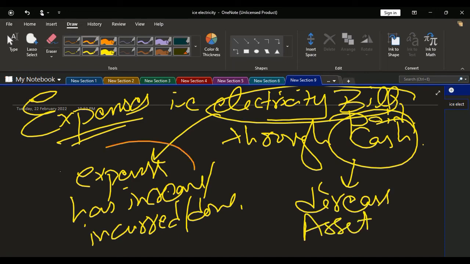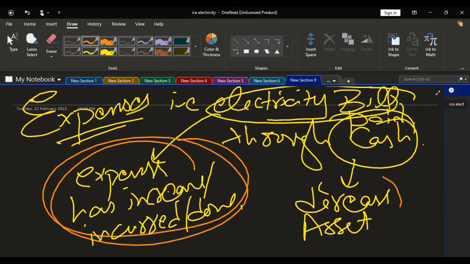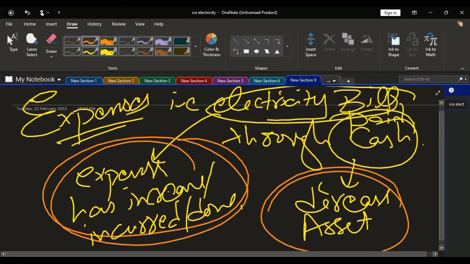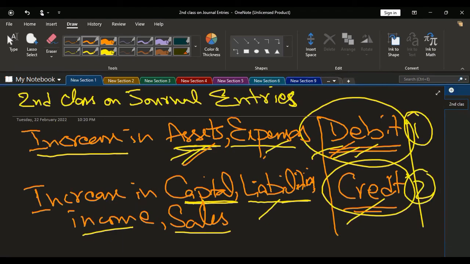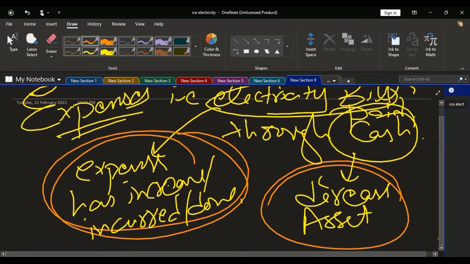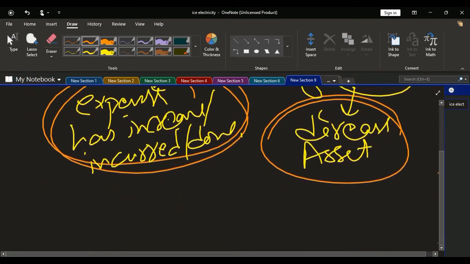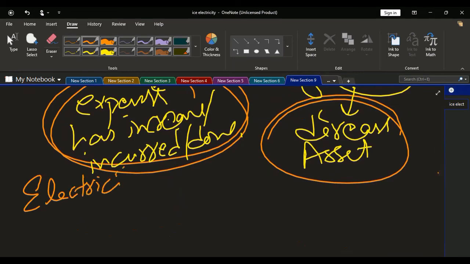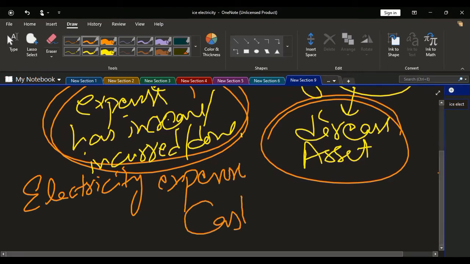So expenses are increasing and assets are decreasing. Increase in expense will be debited and decrease in asset will be credited. Electricity expense debit, cash credit.